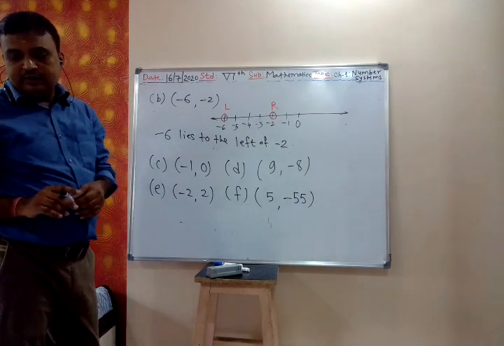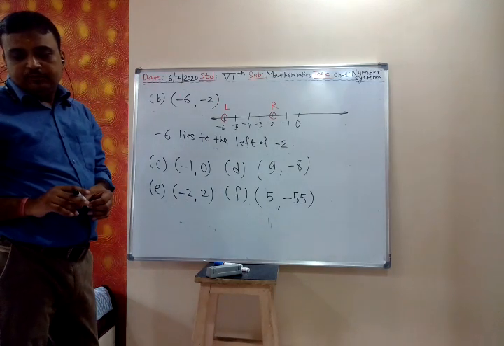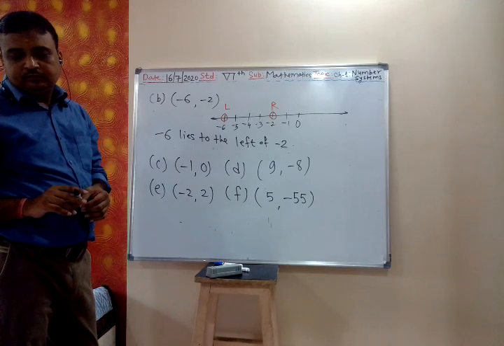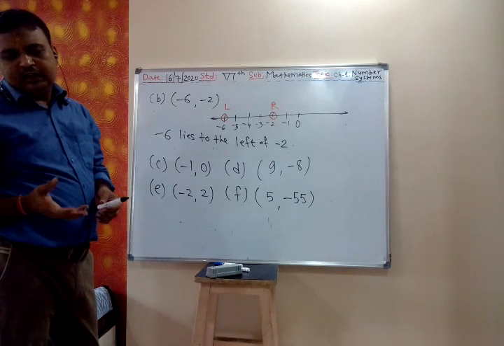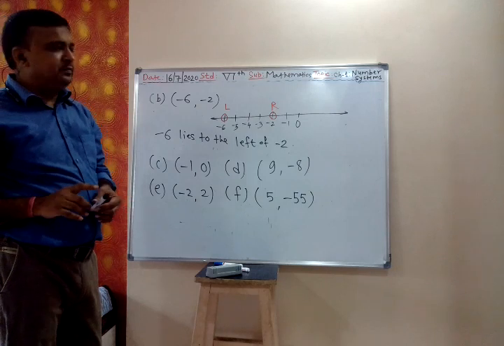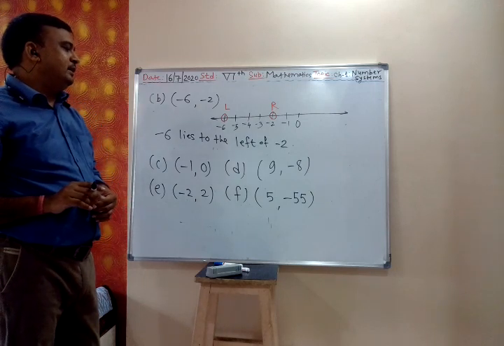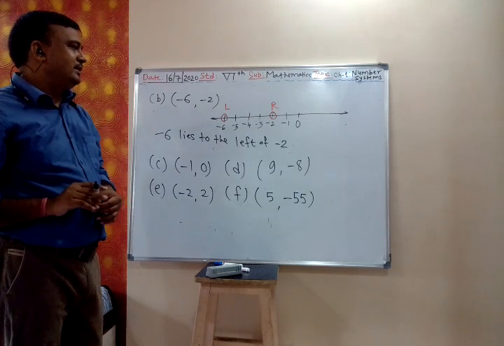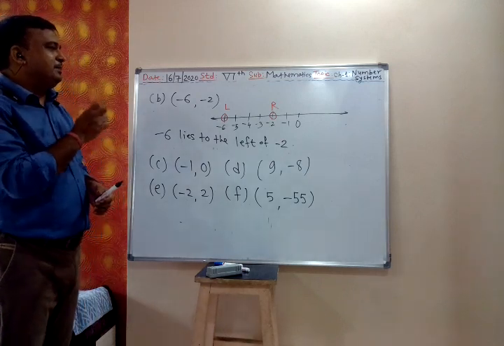It is given in the question, no? Last sum, actually it should be 5 comma minus 5. It is misprinted as minus 55.